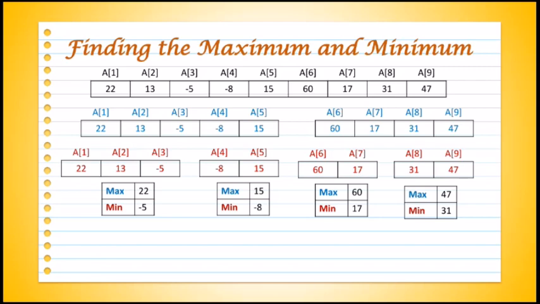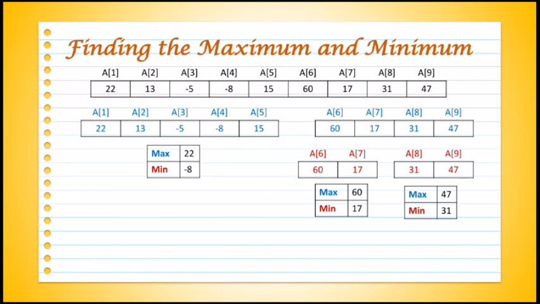Now we will combine this answer. From the first 5 elements, that is 22, 13, -5, -8 and 15, 22 is the maximum value and -8 is the minimum value.